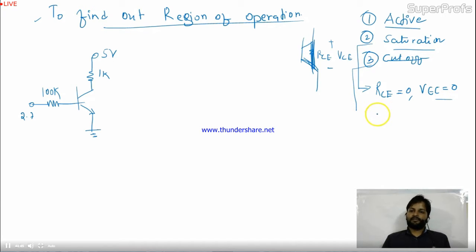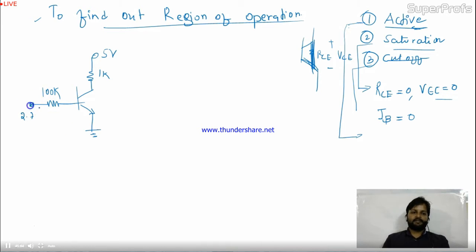What about cutoff? For the cutoff, the standard condition is IB should be 0. What about active? The active condition I'll introduce over here. See, they are saying find out the region of operation.